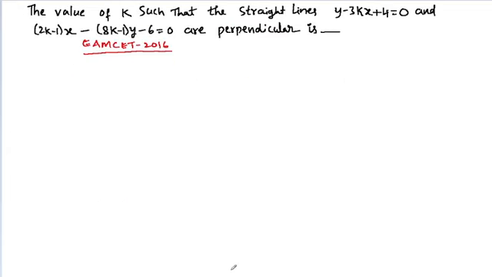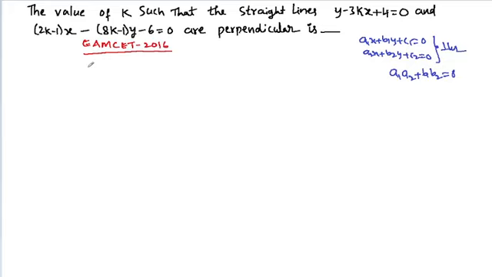Value of k such that the straight lines y minus 3kx plus 4 is equal to 0 and (2k minus 1) into x minus (8k minus 1) into y minus 6 is equal to 0 are perpendicular. If two lines a1x plus b1y plus c1 is equal to 0, a2x plus b2y plus c2 is equal to 0 are perpendicular, that means a1 a2 plus b1 b2 is equal to 0.